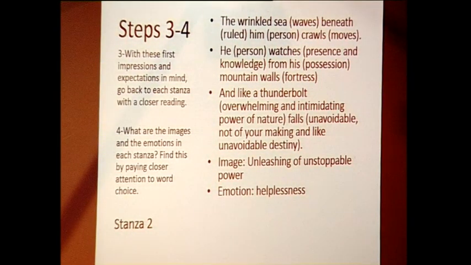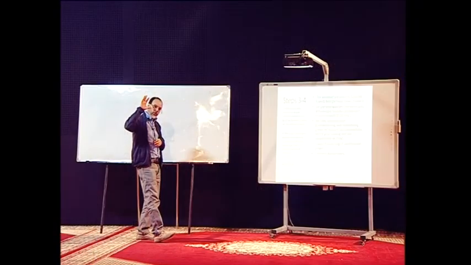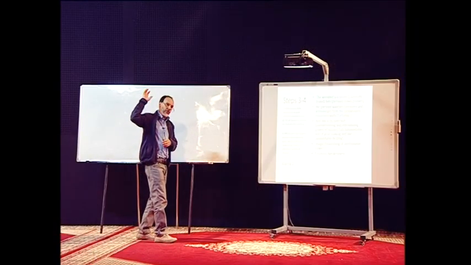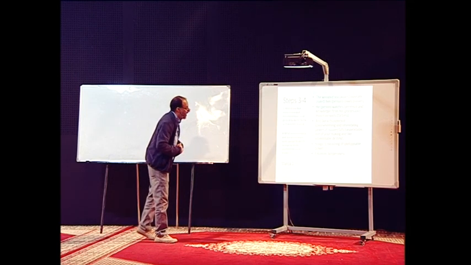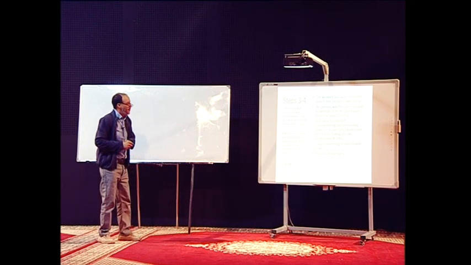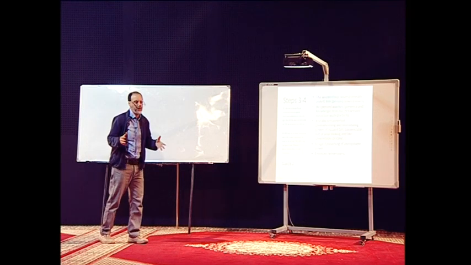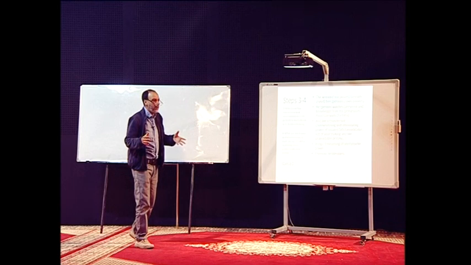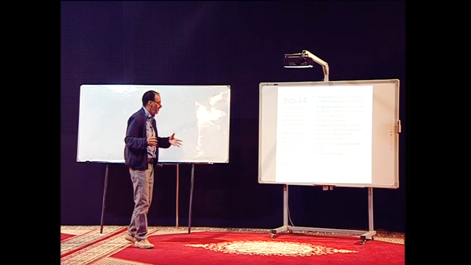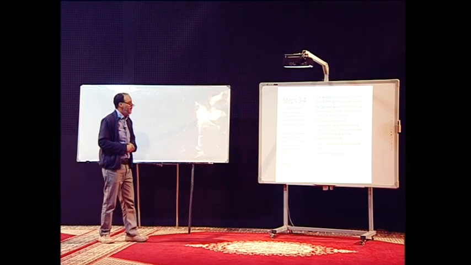Thunderbolt is when you have thunder and lightning at the same time, meaning dreadful and also very fast. And like a thunderbolt, thunderbolt means overwhelming and intimidating power of nature. When you have this thunderbolt, what do you do normally? You hide, because it's very powerful.